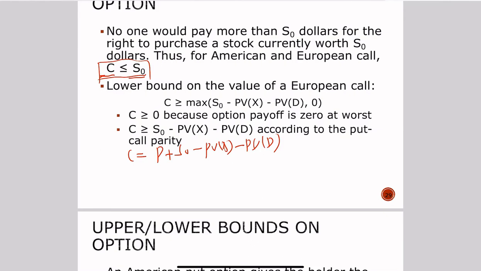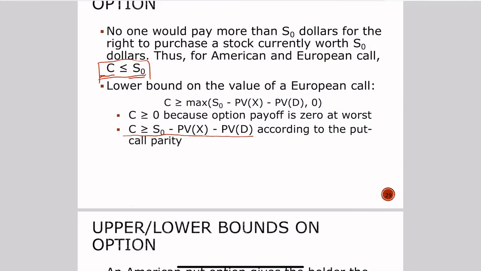So this basically implies that, since the price of put is larger than 0, we get the following inequality. This gives us the lower bound. That is, the price of the call is larger than the stock price minus the present value of X minus the present value of dividend.